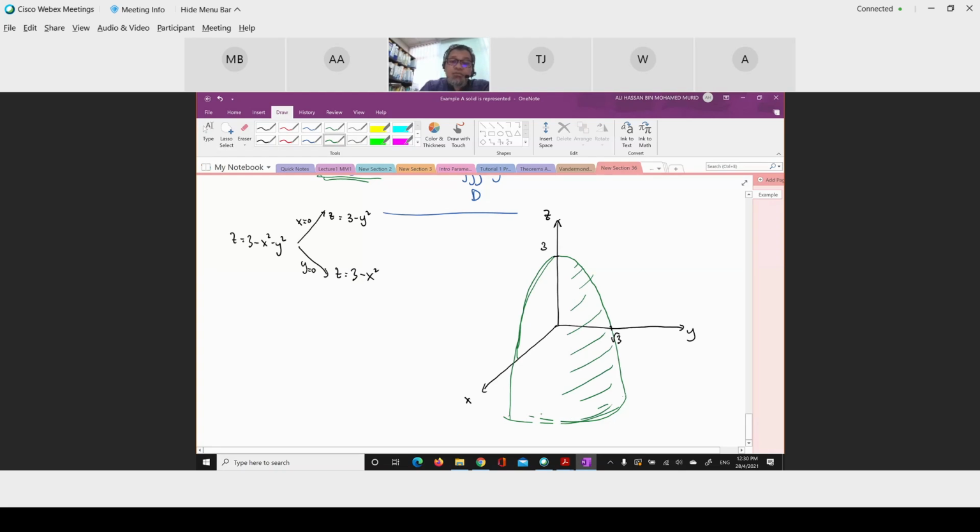Okay. Now let's go to the second parabola. It's z equals minus 5 plus x squared plus y squared. So the first paraboloid opens downward. Again, we look at the traces.